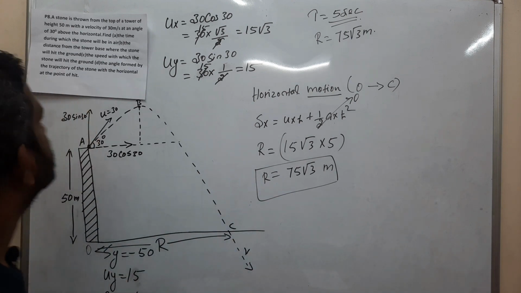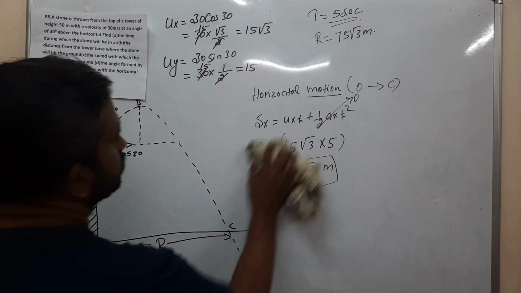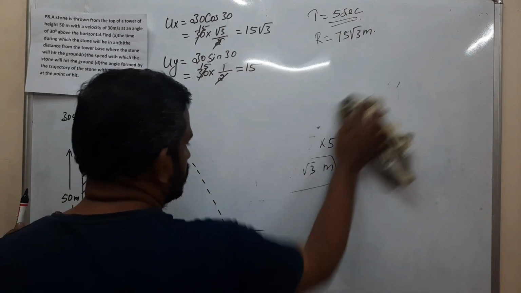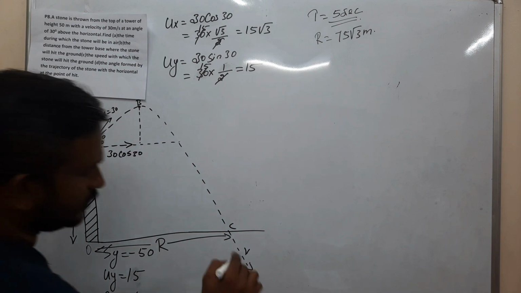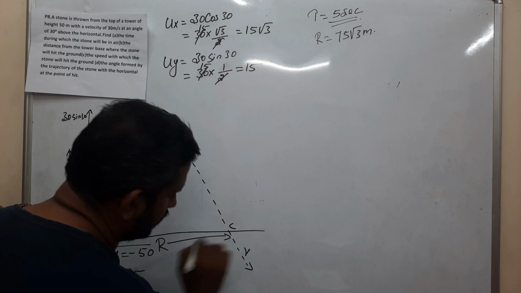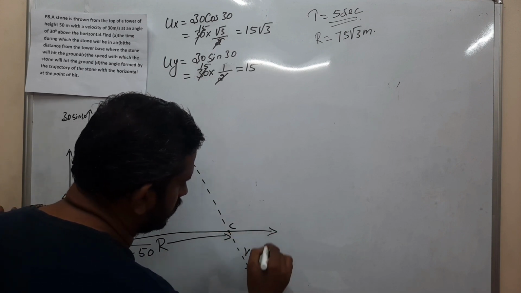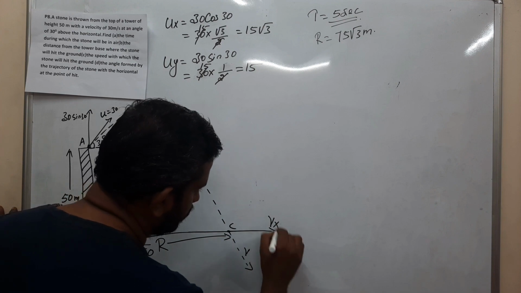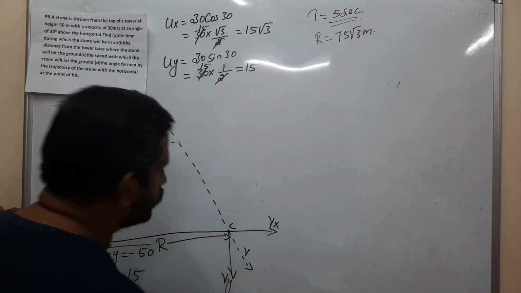Then the third part, that is C, the speed with which the stone will hit the ground. When the stone hits the ground, the final velocity is v. The velocity has two components, the horizontal component vx and the vertical component vy.